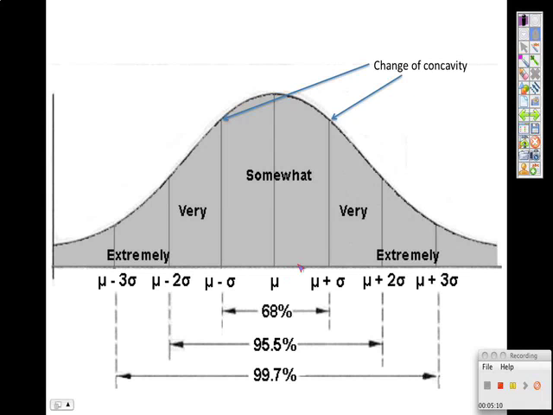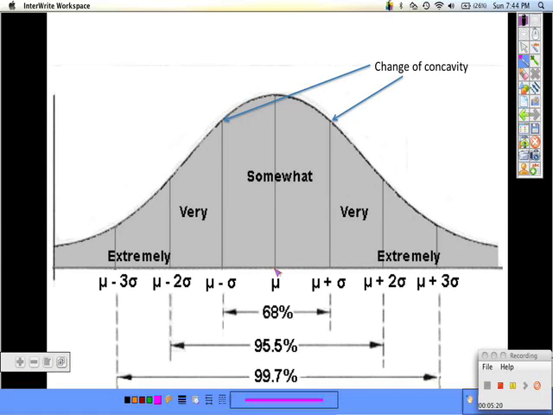This is called a normal distribution or bell curve, and the middle of this symmetric bell curve is the mean, and then we segment it off in terms of standard deviations. So in reference to the previous example that we looked at, we could think of mu as being 3, so that's the mean, and this applies to both statistics and parameters.